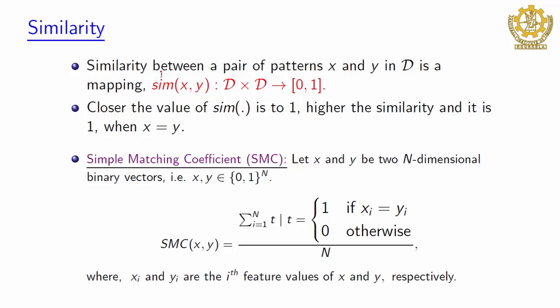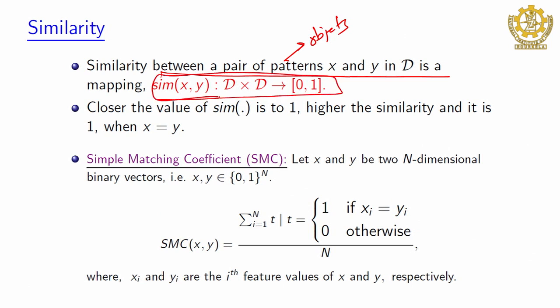The similarity between a pair of patterns, objects or instances is a function that varies from 0 to 1, as we studied earlier. The closer the similarity value is to 1, the more likely those two objects are very similar, and if it is exactly 1, the two objects are identical.